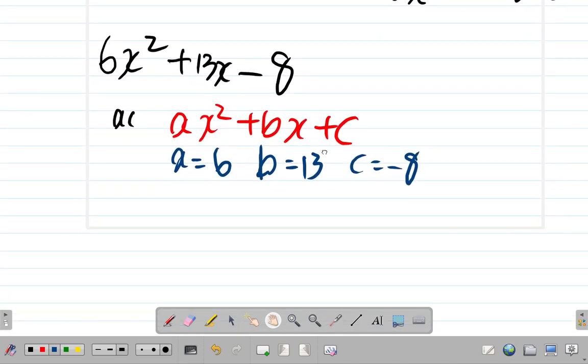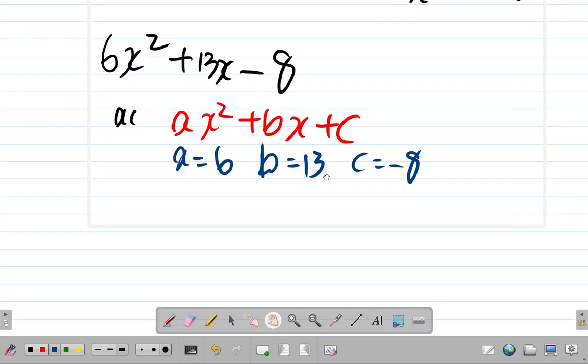And remember, when you use the AC method, you're going to split the b part in two parts. You're going to have this divided into two numbers. Now, which two numbers? If you multiply a times c, what you get is 6 times 8 equals 48.